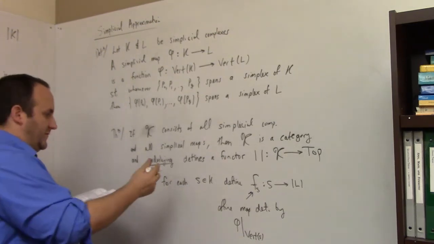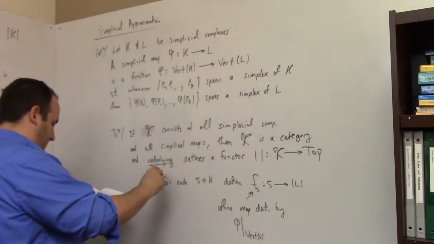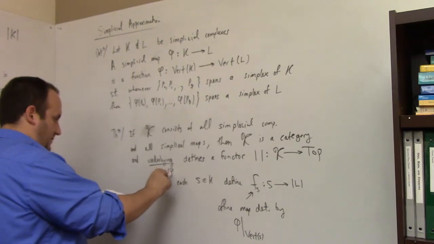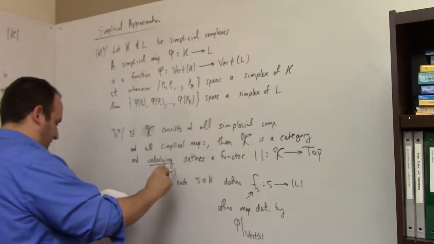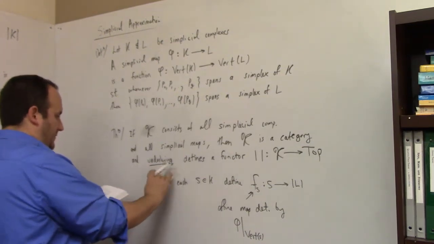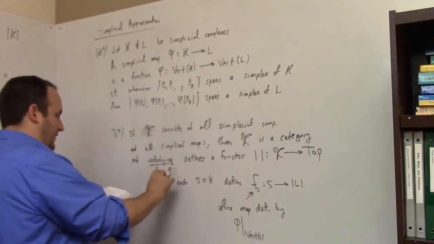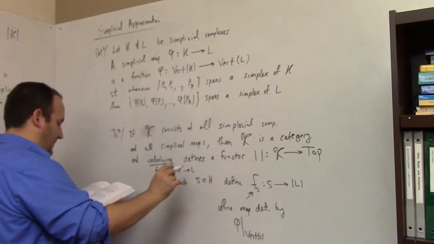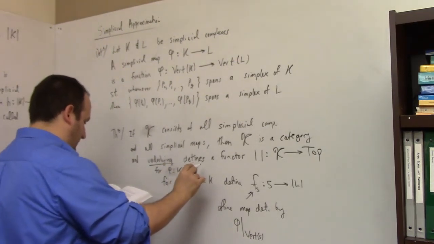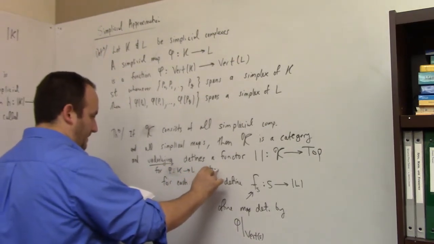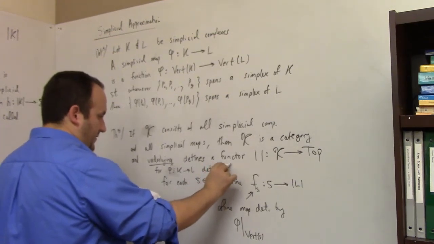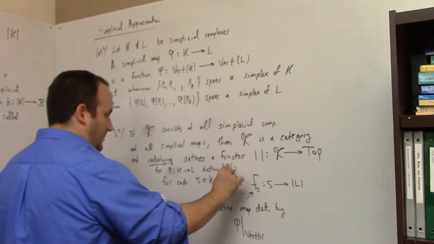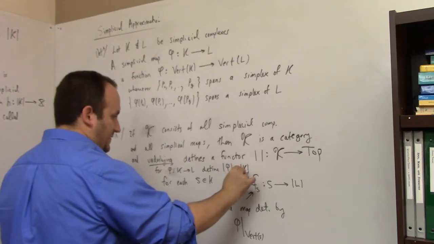Well, before this he's defining the underlying map for each simplicial map phi. Map of underlying spaces.